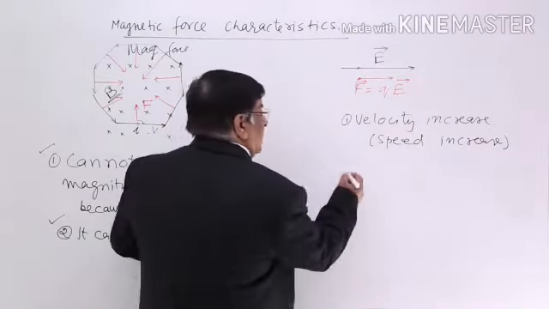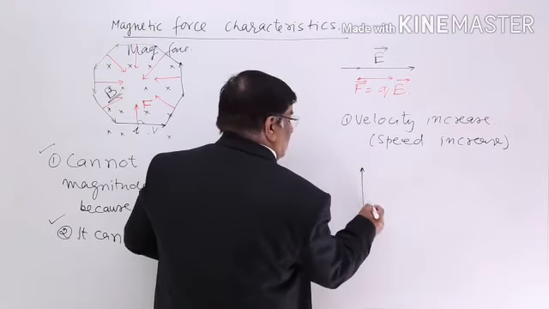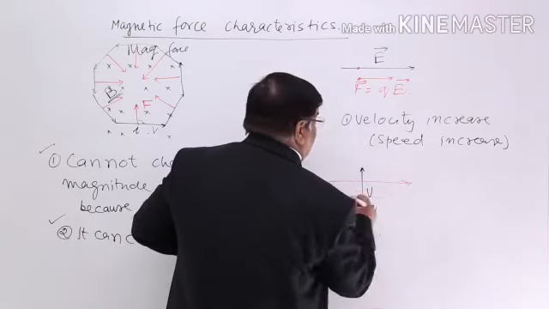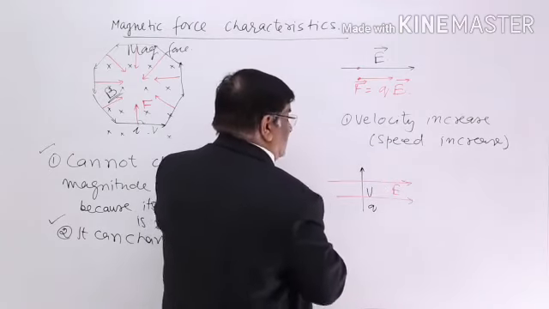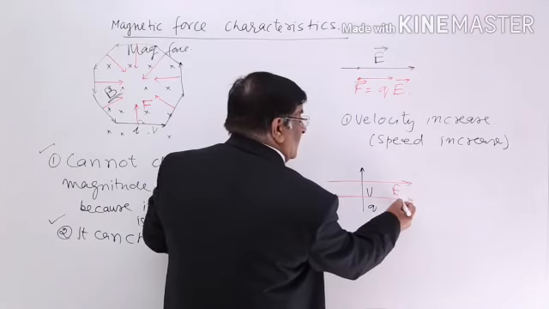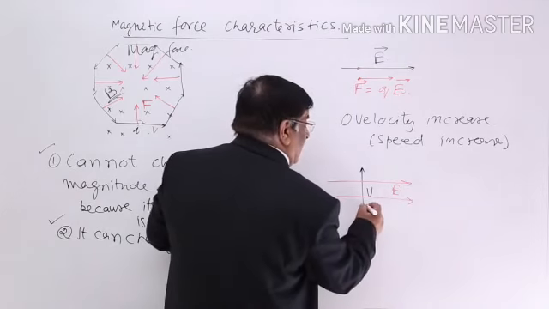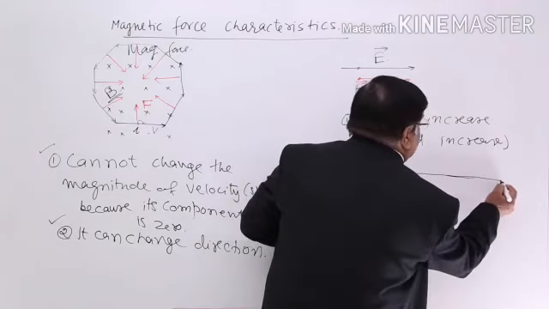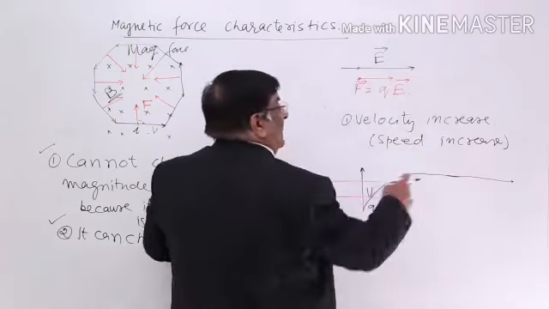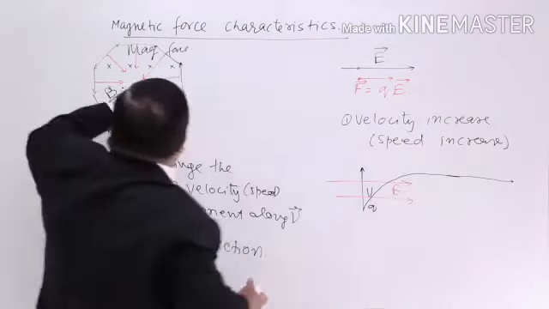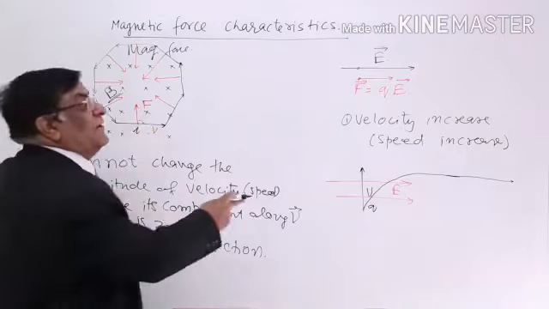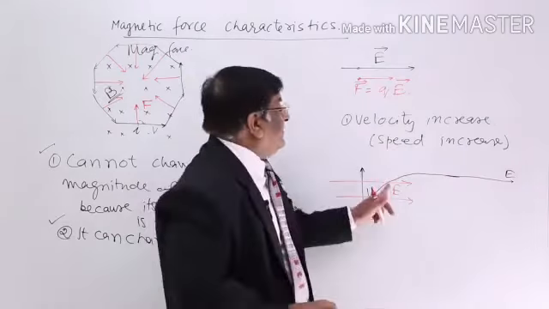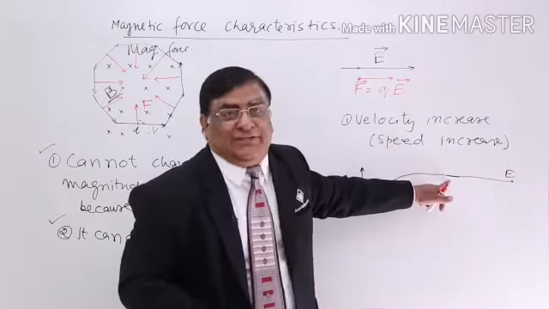If the charge was going in this direction, and there is an electric field in this direction, then what will happen? The answer is, because of this force, which force? QE, it will bend like this. And after that, it will keep moving in this direction, and you find here the direction does not change. Is it turning? Answer no. It is going in the direction of E. So, the electric field fails to change the direction.